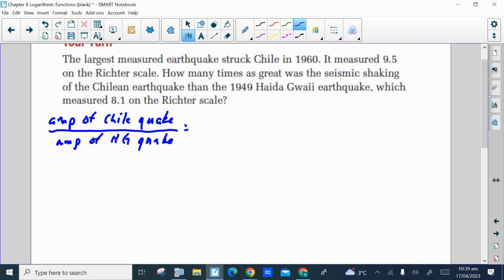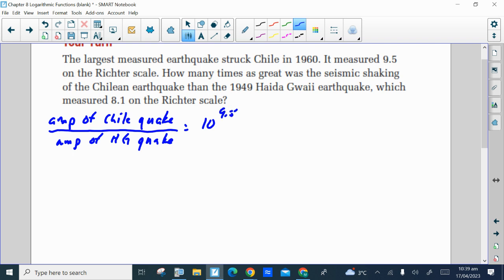And again, we developed this relationship that the amplitude is a factor of a sub 0. For the Chilean quake, which measured 9.5, we also saw that the amplitude in terms of a sub 0 was 10 to the power of the Richter scale number.